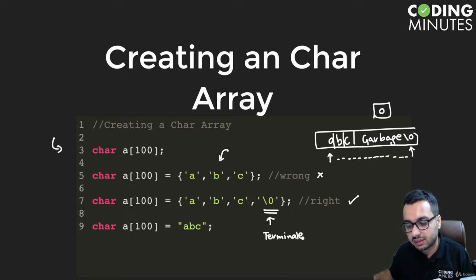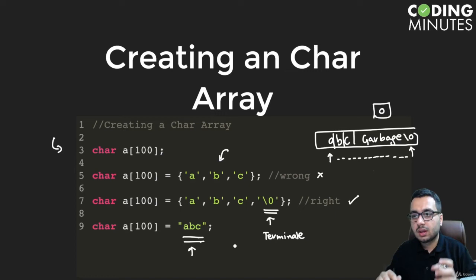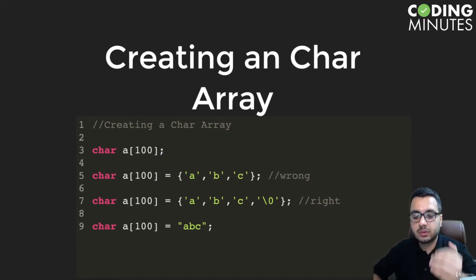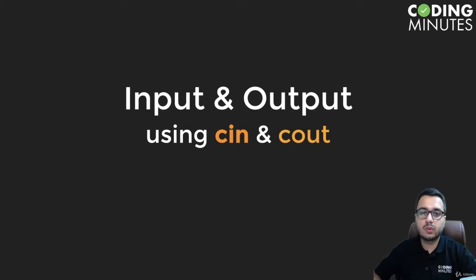You should always terminate a character array with a null character. Another way of initializing a character array is by writing this, and if you write this, it automatically adds a null character at the end of the array. I hope you understood the differences between these four initializations, and let us also see how we can do input and output of a character array.